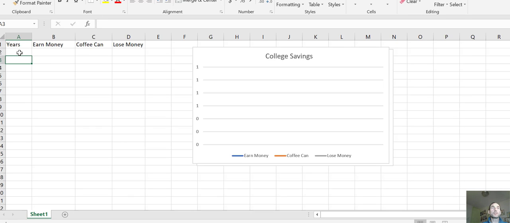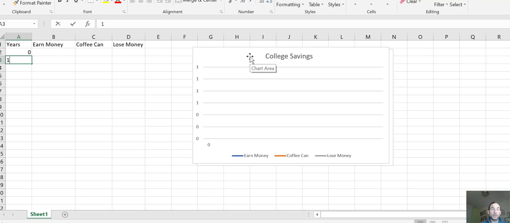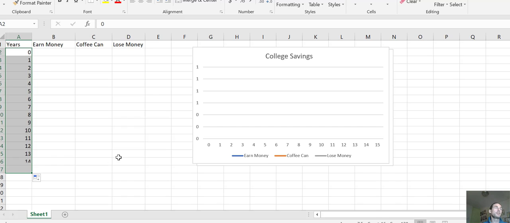Now I'd like to show you what this looks like visually in Excel and the difference between earning money in an investment, or putting money in a coffee can and burying it in your backyard, or losing money, right? So our years go 0, 1, 2, right? So our years go up to 15 and imagine we're earning money.